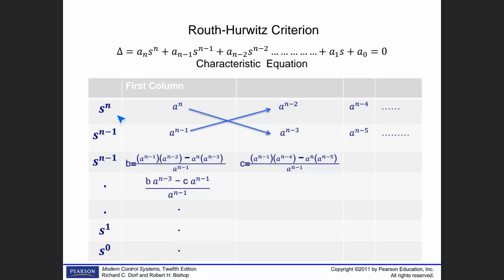The first two, we locate the constant an here and the an minus 2 here. You omit one, so these are the first one, and then the one you omit and the other one, n minus 2, and this one is n minus 1, then n minus 3.